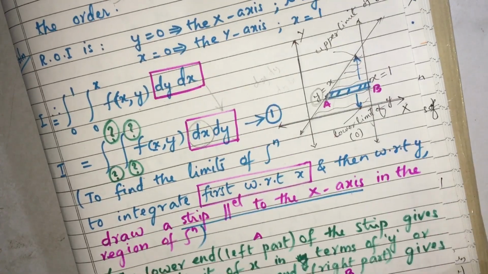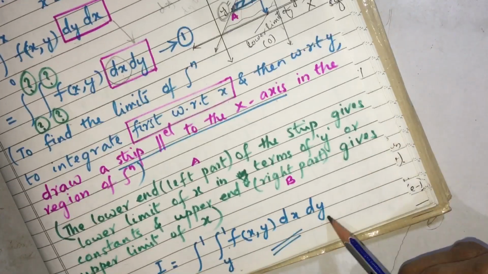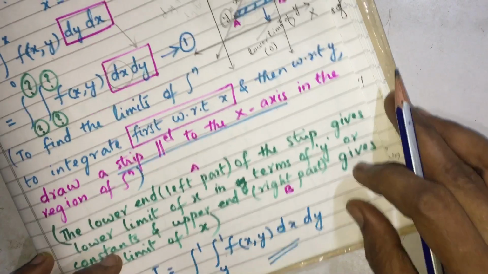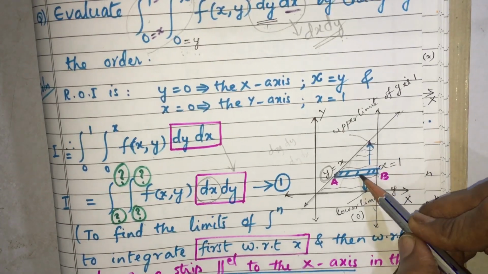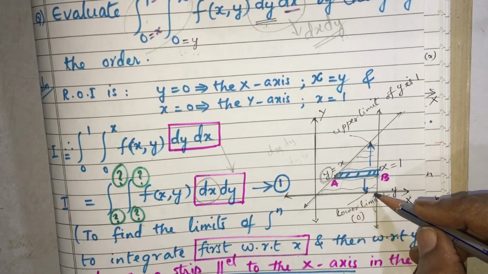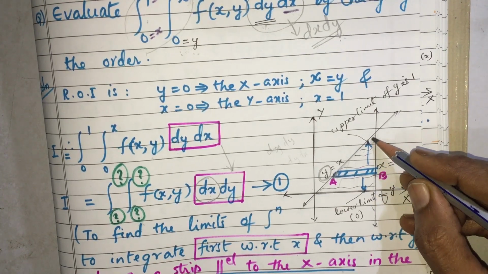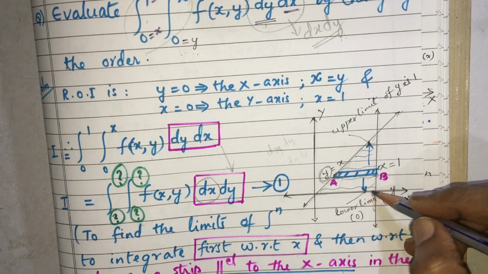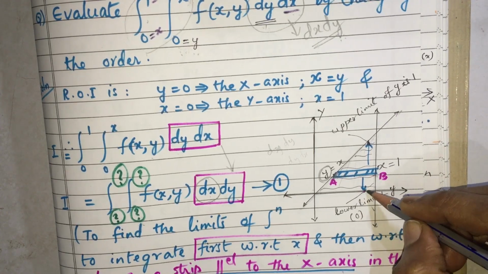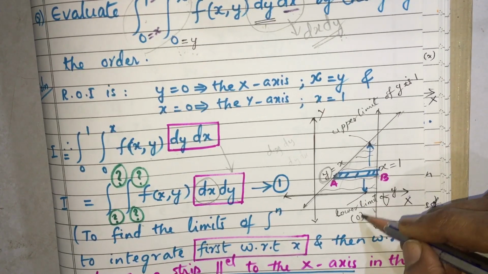Then to find the limit of y, imagine this strip is moving from bottom to top. When this strip touches the bottom line, the x-axis, there the value of y is 0.